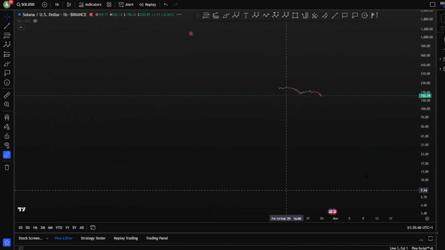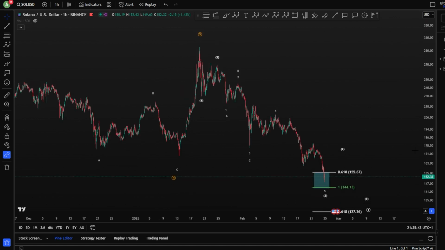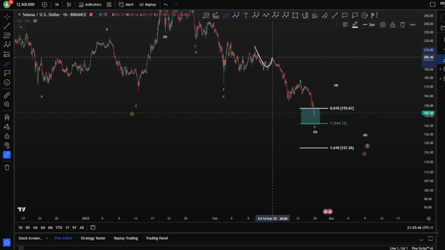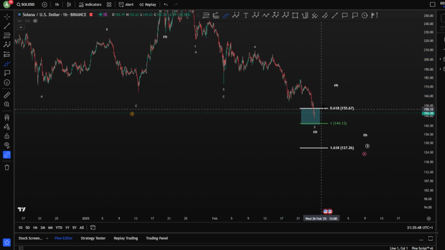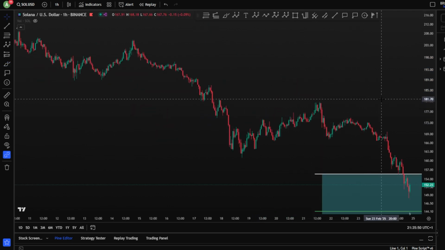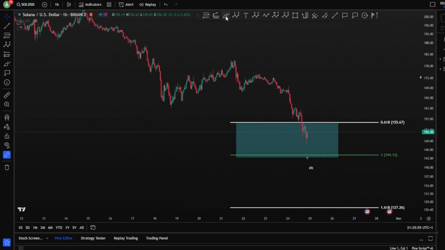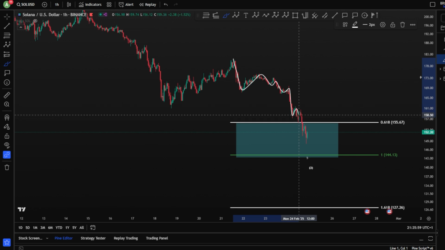If we take a look also on the 1-hour chart here, of course, if we are looking at this impulse as 1, 2, 3, 4, and a 5, your wave 5 did not finish yet. Even this one in the blue box probably did not finish yet because you have a 1, 2, and then 1, 2, 1, 2, 3, 4, and a 5.